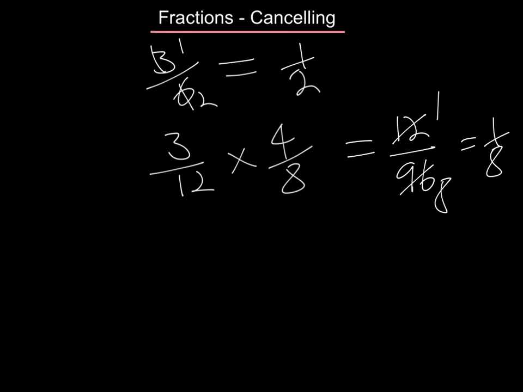If I was going to cancel early, I could say 4 goes into 4 once, 4 goes into 12 3, 3 goes into 3 once, so I end up with 1 times 1 on the numerators, 1, and in the denominators, 1 times 8 is 8. So you can see either way I get the same answer. I generally prefer to cancel early myself because the numbers are smaller and I don't need to know as many tables as I do when I cancel late. But they give the same answer.